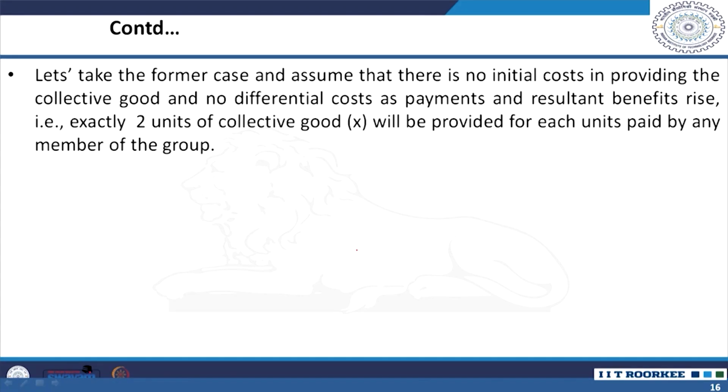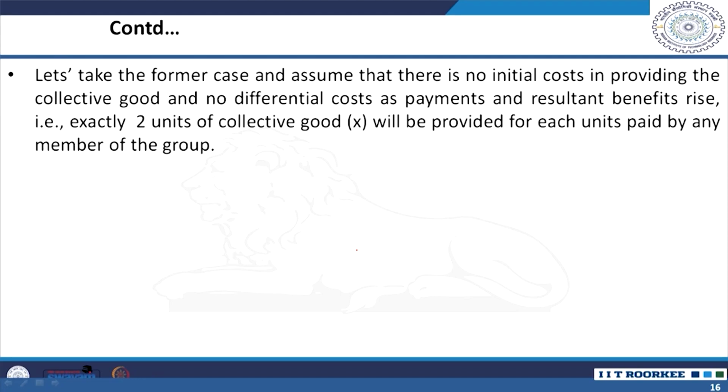So, if you are taking the former case here, we are assuming that there is no initial cost in providing the collective good, and there is also no differential cost in payments and the resultant benefits.